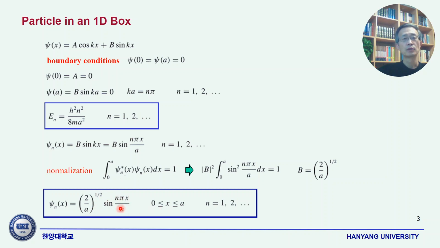And the region where it exists with this form is inside the box, which is x greater than or equal to 0, less than or equal to a. And then n is the number that designates the wave function. In this case, this is the quantum number. I'll show you why we call this quantum number. Next slide.